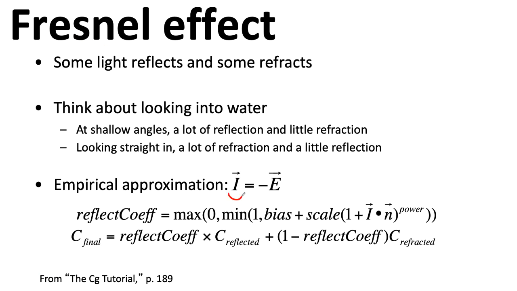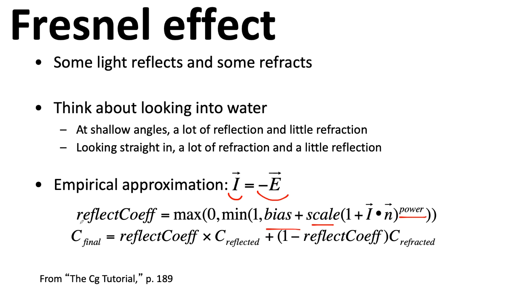Remember that the incident vector, for whatever historical reason, is defined as being opposite of our usual I vector. So I is pointing from the camera to the surface instead of the other way around. I'm not going to bother slogging through all the details of the formula here. Bias, scale, and power are parameters you can use to adjust this effect.